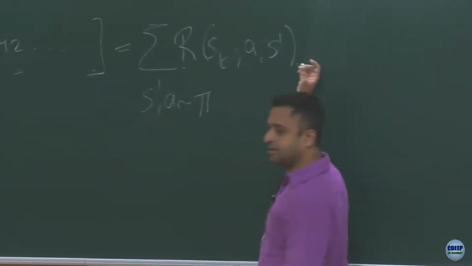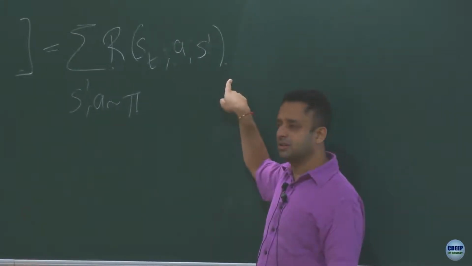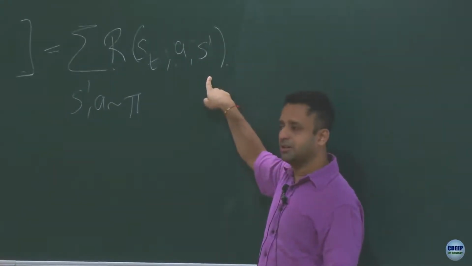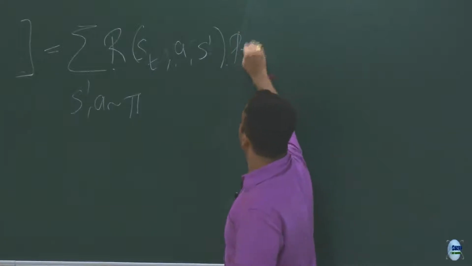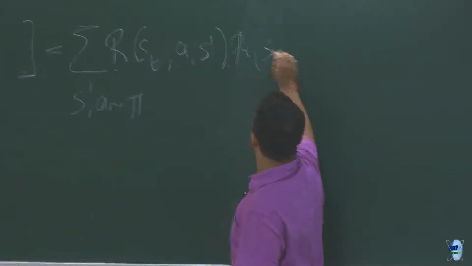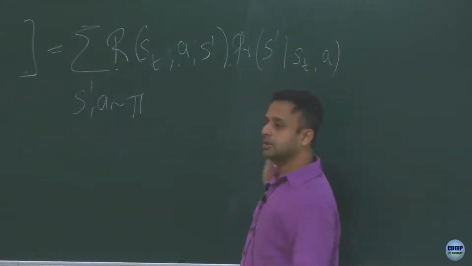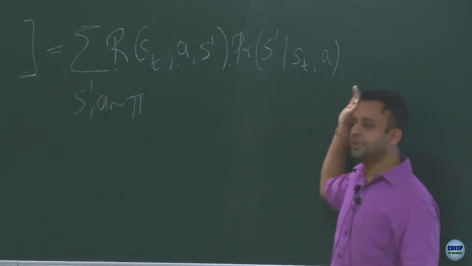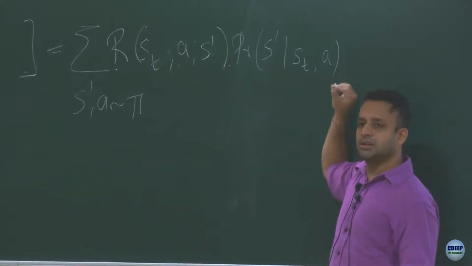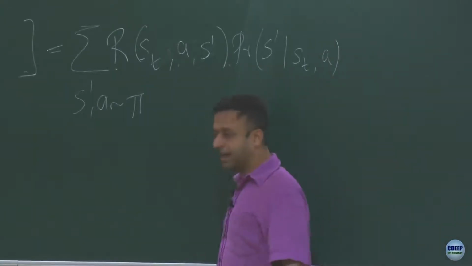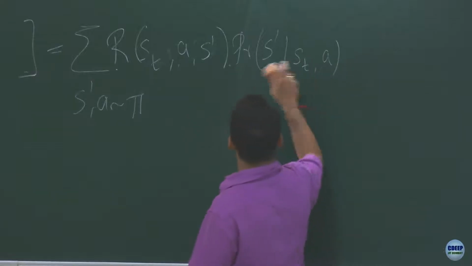So some plus gamma, but what about probability here? I mean, I need a probability here also, right? So this R should have been in the bracket, I believe. R should have gone into the bracket.